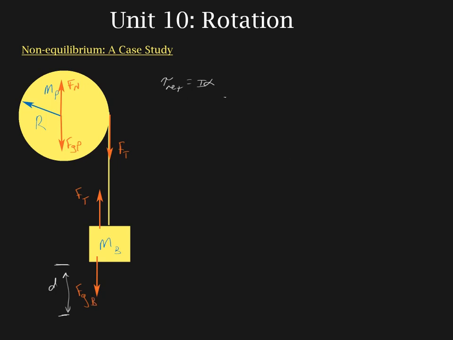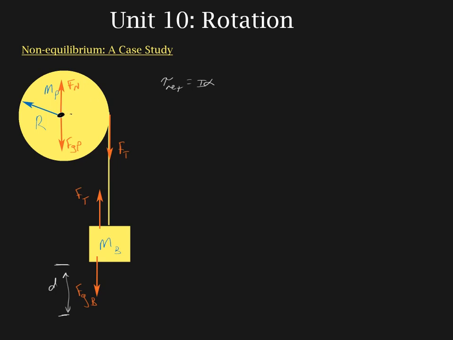In terms of forces that are going to cause torques, because that's what tau net is all about, torque, in order to answer that question, we have to figure out what our axis of rotation is going to be. Now, the obvious axis of rotation is going to be in the center of the pulley, or the axle of our pulley. So that's going to be our axis of rotation there.